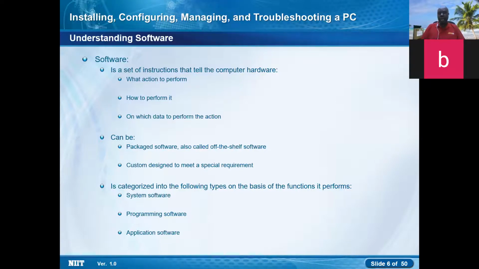Then there is also custom-made or tailor-made or bespoke software. This is software normally used by large organizations where they will go to a software development company, and this company is going to send its own IT people, software developers, who are going to sit, analyze what is needed and how it can be done. Then they are going to write the software that will meet the specific needs of that client.